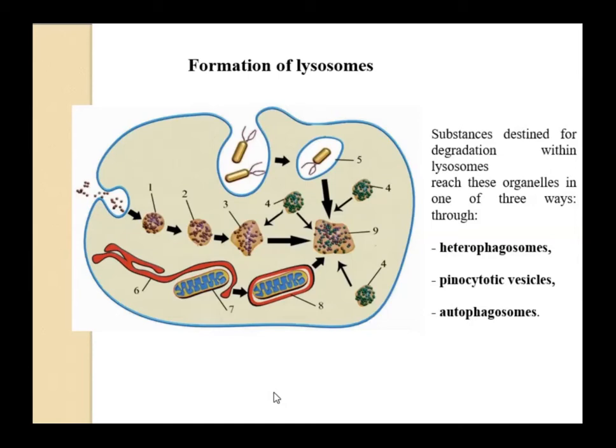If the cell does not produce one of them, it will be incapable of completely degrading the macromolecules which need that enzyme. Those macromolecules will not be degraded into soluble byproducts, and these intermediates will accumulate inside the lysosomes, and the size of lysosomes increases sufficiently to interfere with the ability of these cells to perform their function.